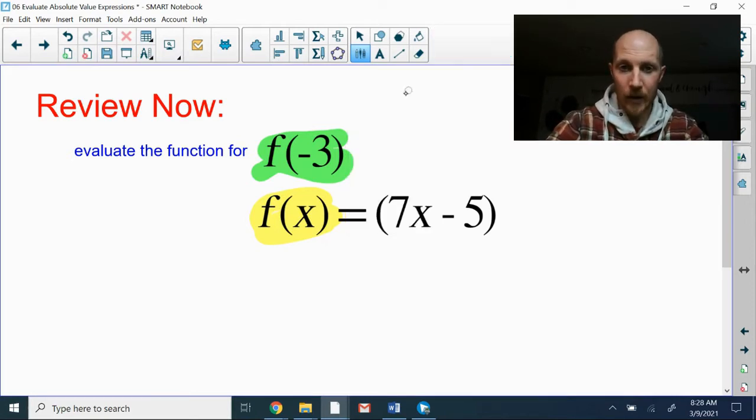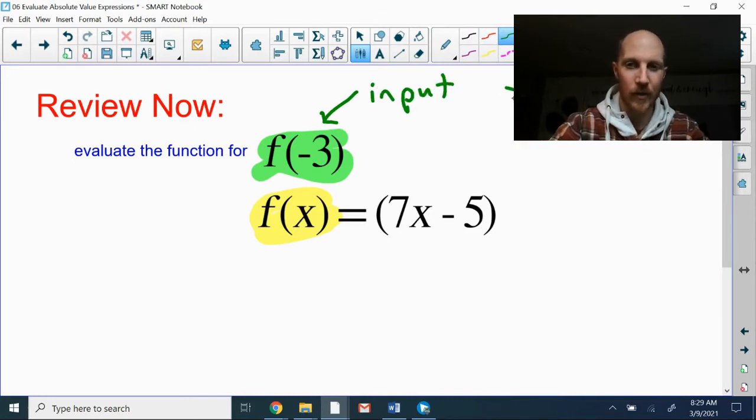So inside those parentheses, that -3 is the input value. We think of that as like the x a lot of times. And so in green, the f is telling us which function to use. It might be that we have multiple different functions and they'll have different names. One could be called f, one could be called g, one could be called h, and so on. So we're supposed to use the one that's called f.